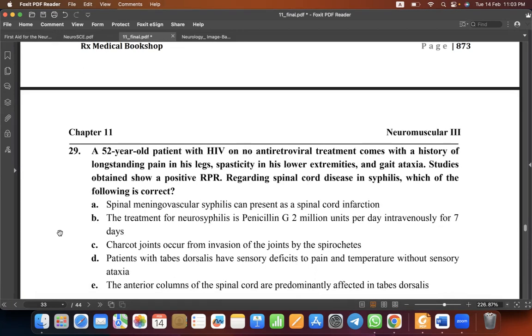Sometimes, apart from this ataxia, there could be other nervous system involvement as well, particularly the motor tract. Whenever the motor tract is involved, there will be spastic paraparesis with autonomic dysfunction, sometimes sphincter dysfunction as well. So one thing is ataxic, the tabes dorsalis.